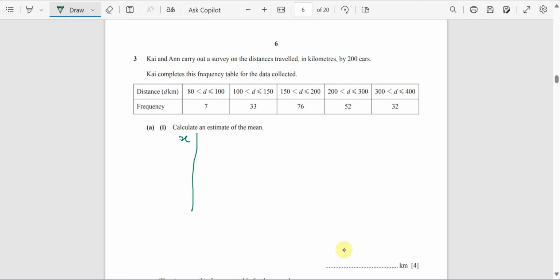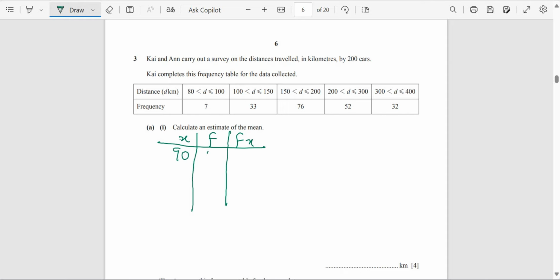We also need our f, and then our fx. x is the midpoint, so we have to do 80 plus 100 divided by 2. That will give us the first value for x, and that's 90.